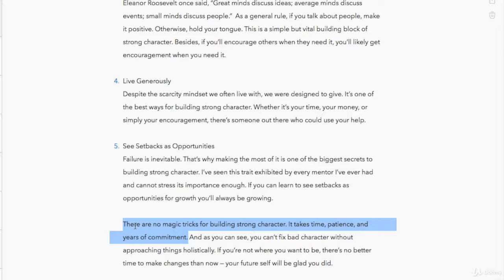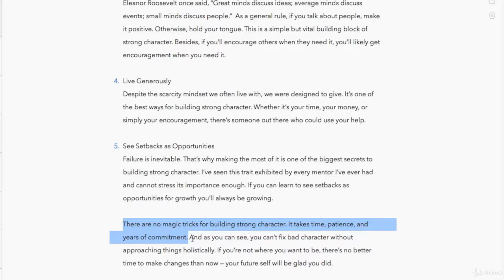You can't just jump out of your last point and jump into a conclusive paragraph and it not be connected. You'll lose your reader and it won't flow correctly. So that's why I'm actually writing this first sentence of the last paragraph talking about the supportive points specifically. And then I say it takes time, patience, and years of commitment.